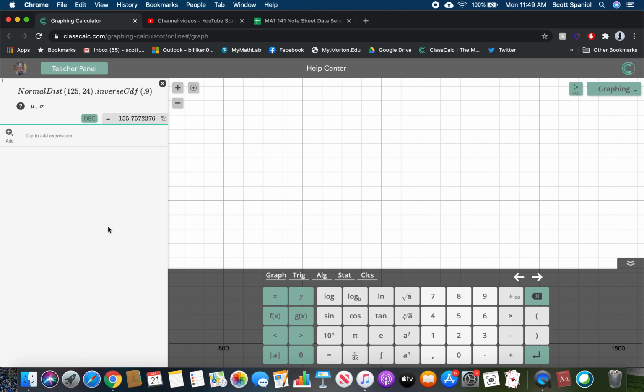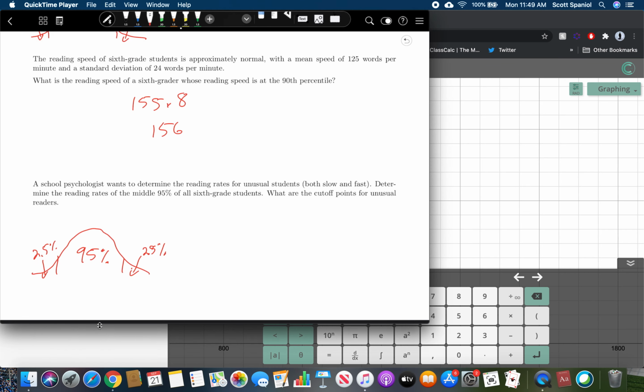And if we wanted to do the middle 95% of data, similar to what we did above with the middle 99%, but now we've got 5% on the outside, which would be 2.5% over here and 2.5% over here. So here's my drawing. So we've got 95%, so that's 5% on the outside, half on each side, so 2.5% on the left, 2.5% on the right.